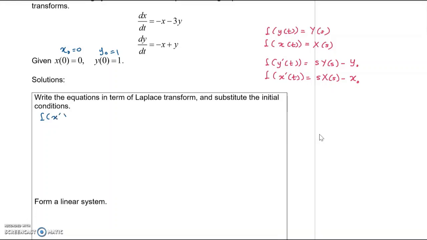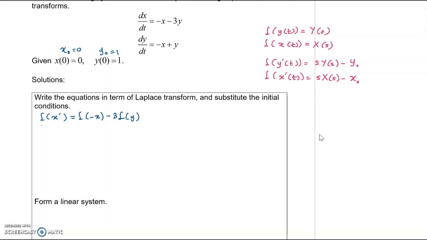Here x prime means x prime of t, the function in terms of t. At the right hand side, we have the Laplace of negative x minus 3 Laplace of y.